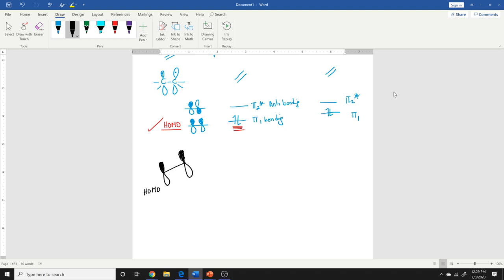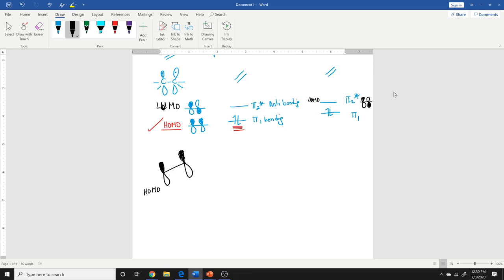So here it is going to be the same. Nothing is going to differ because both are the same. They are alkenes, these ethenes. So that is going to be my lowest unoccupied molecular orbital.